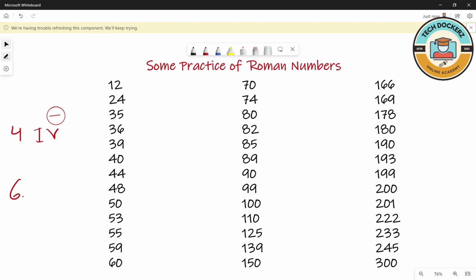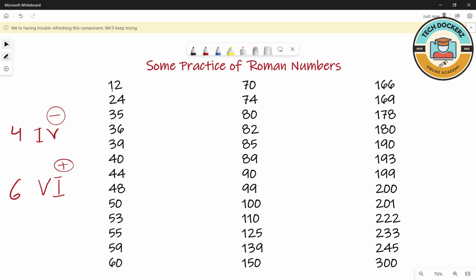And how will we write 6? Bigger number followed by a smaller number using addition method. So based on this concept, we can write any Roman number.